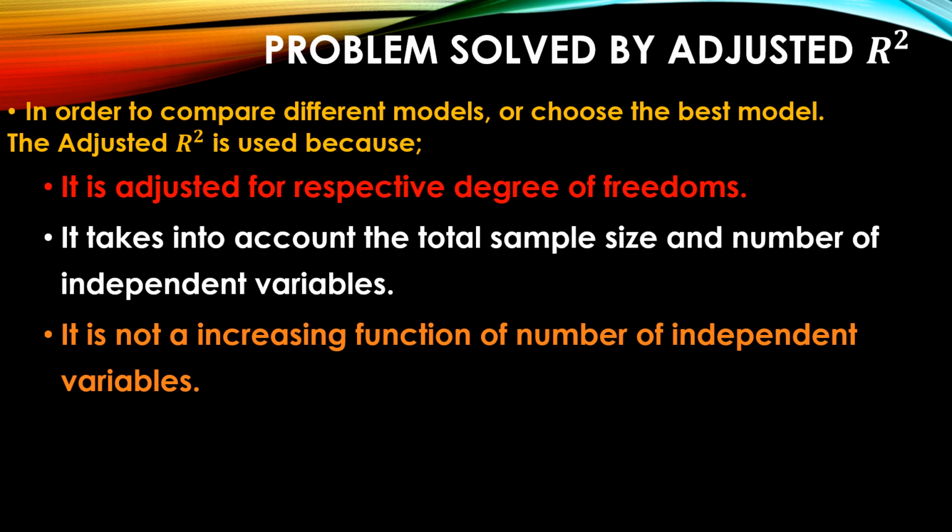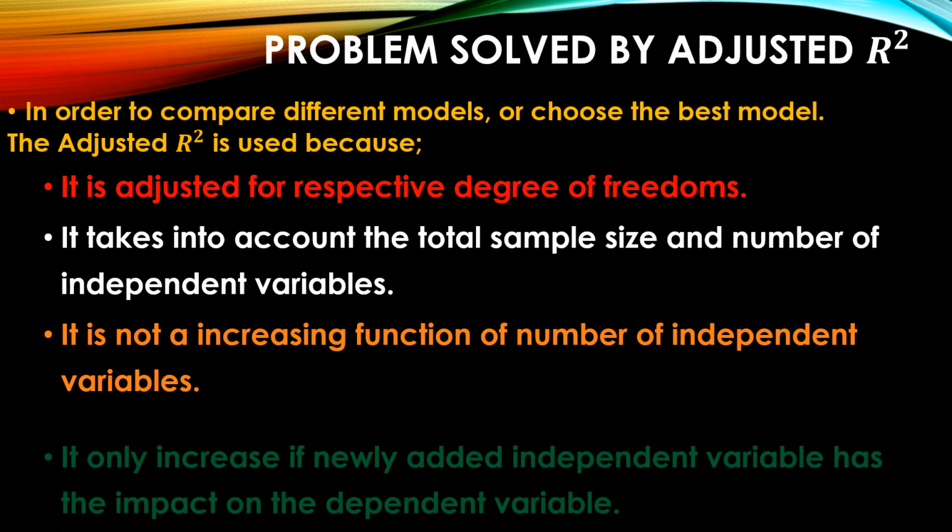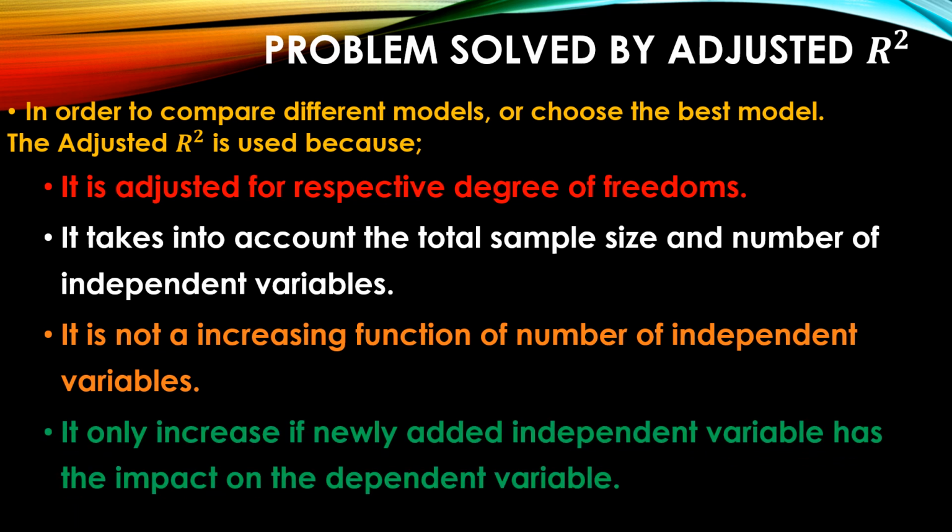That is, it will not increase with the inclusion of an independent variable unless the newly added variable has an impact on the dependent variable. If the newly added variable has no impact on the dependent variable, the adjusted R square is not going to increase.